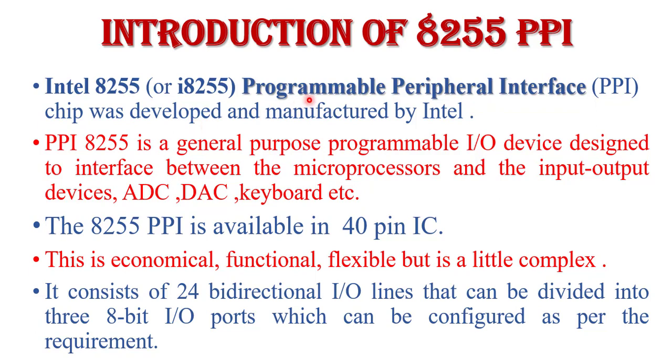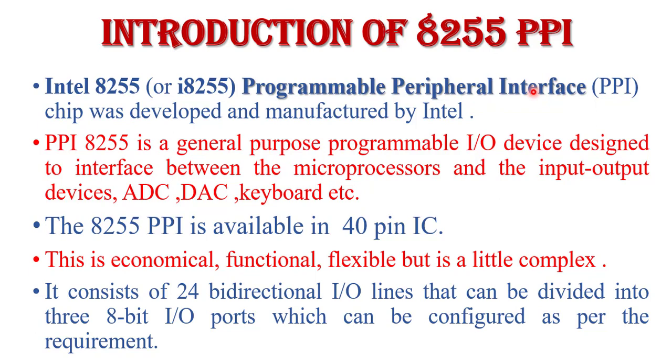As the name suggests, it is a programmable peripheral interface. It means it can be programmed. Peripheral means input-output device. Interfacing means the device that provides communication between two components.